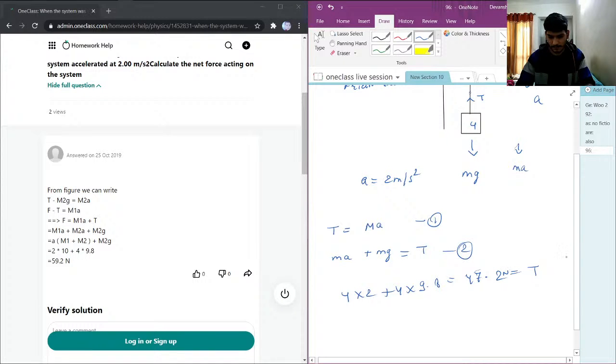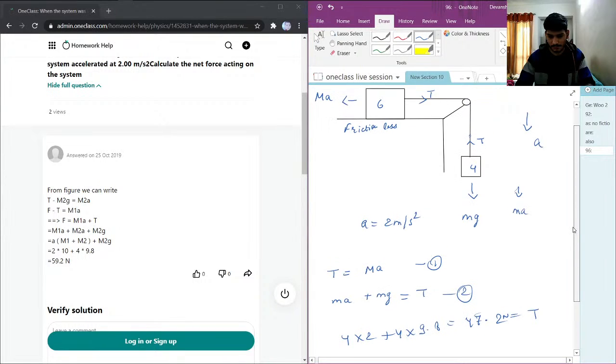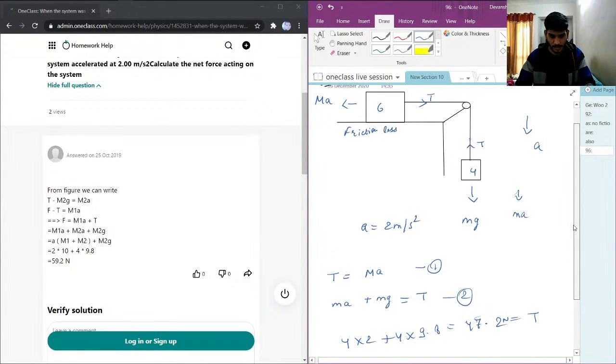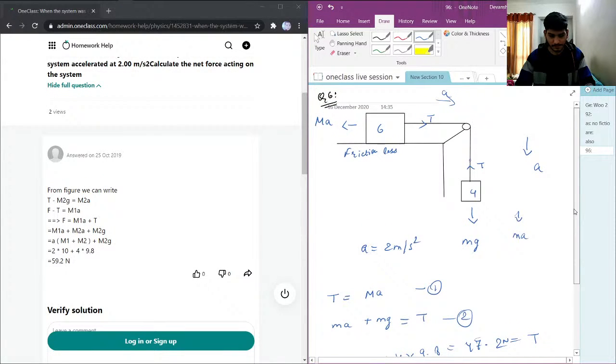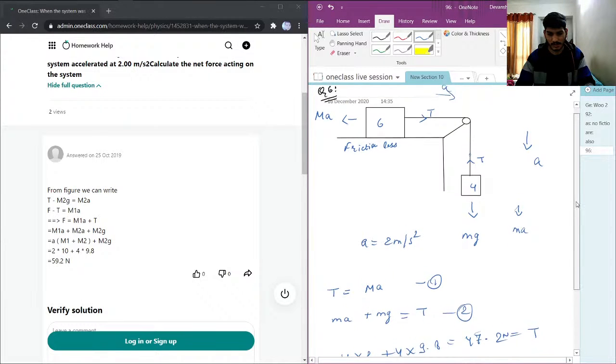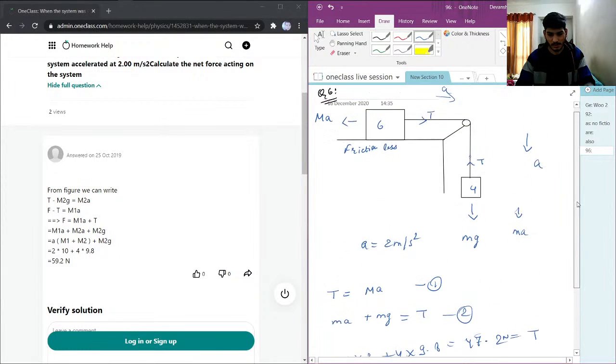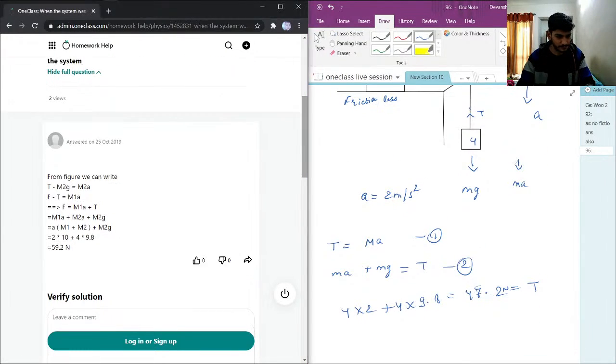The whole system has an acceleration of a. I'll just look at the other equation.